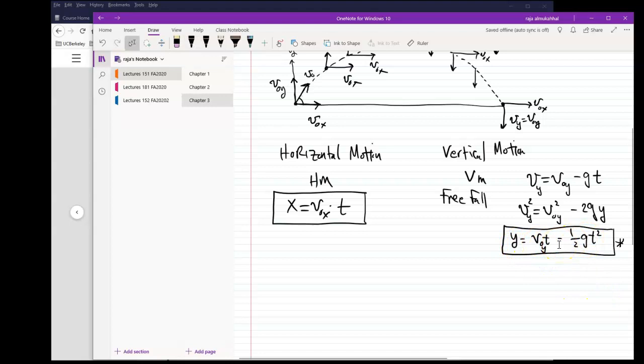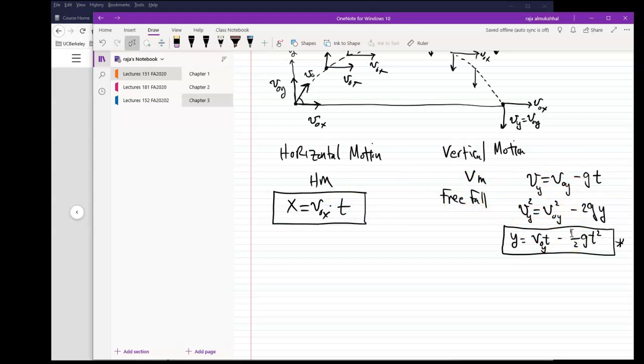Okay. All right, so that's basically how it's set up. So you have HM and VM, horizontal motion and vertical motion, and since horizontal motion is not an accelerating motion, we're just going to be using the range is equal to v naught x t, and for vertical motion we use the free fall kinematics. Got it so far? Okay.